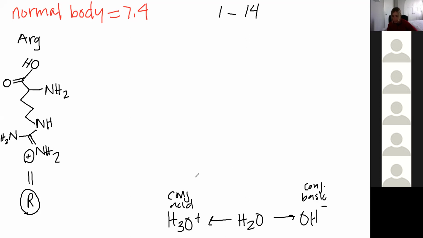So I like to go back to this kind of thing because it kind of helps me figure out what it is that I am and what it is in terms of losing that H. So if I have a proton, if I'm protonated, then I should be what? More acidic? Okay, so that's how I want you to start seeing things. Look at these charges and decide for yourself whether or not this is going to be an acidic, basic, or neutral. So this is arginine, so you can draw that.